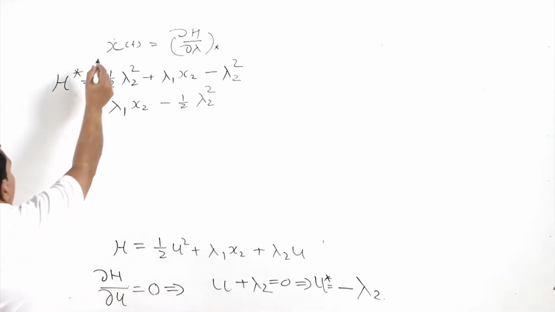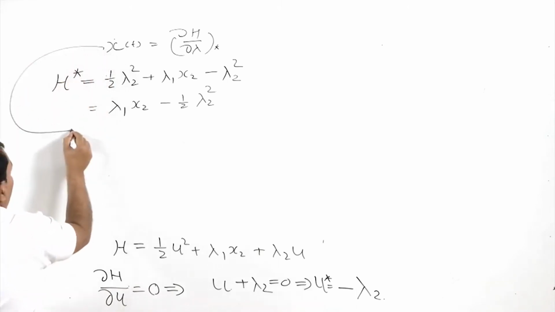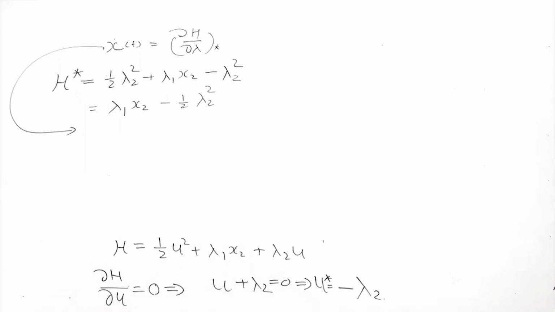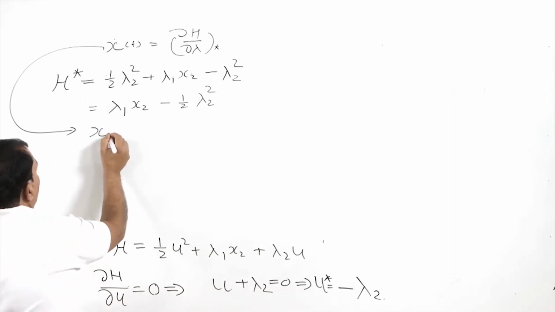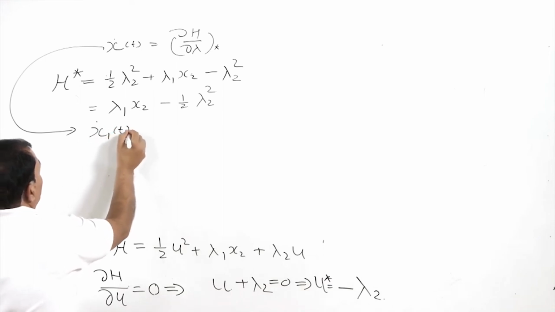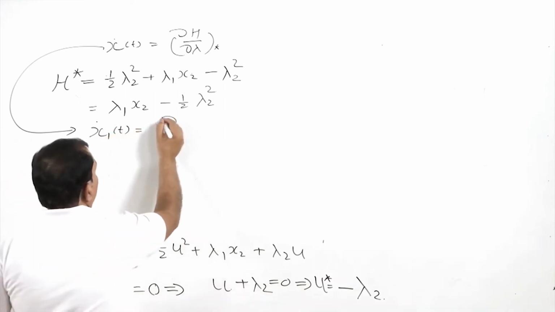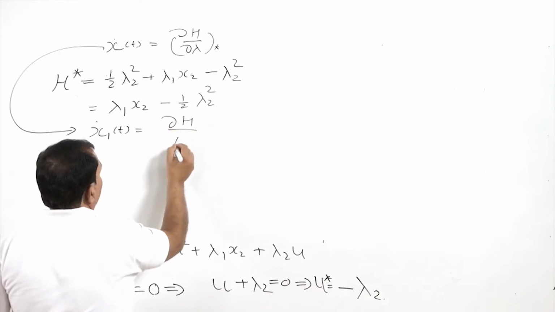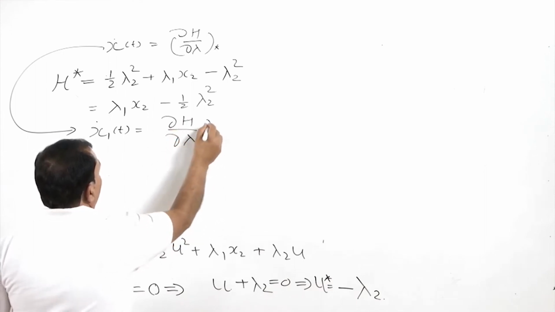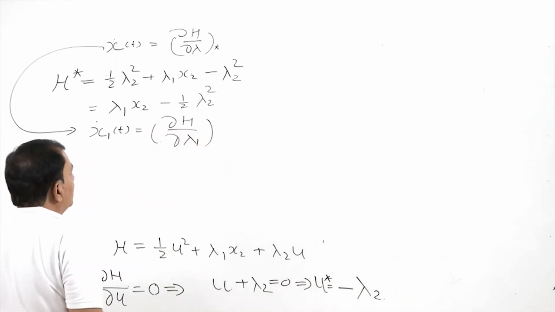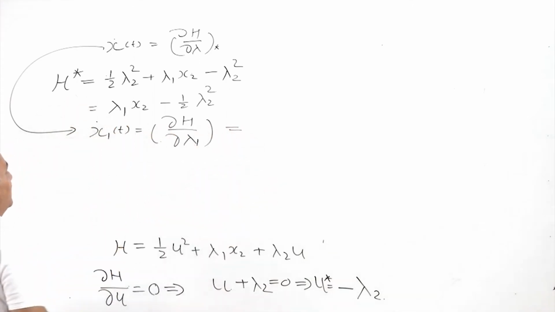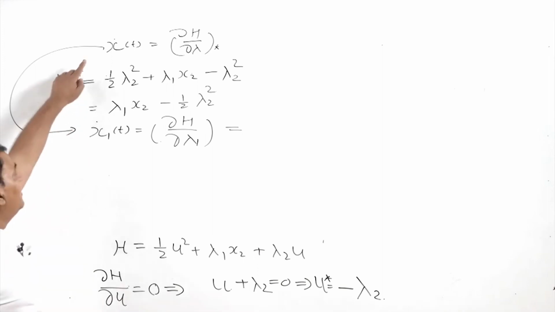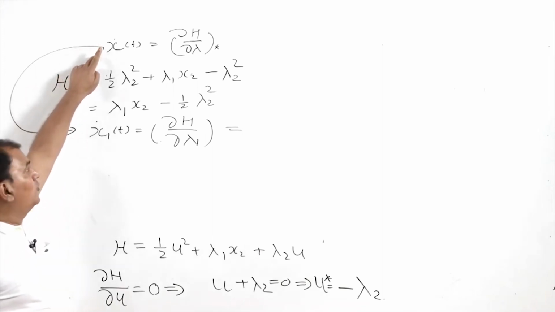On this, what is my optimal state x? x1 dot t is del h by del lambda 1, because x is a vector of x1 and x2.